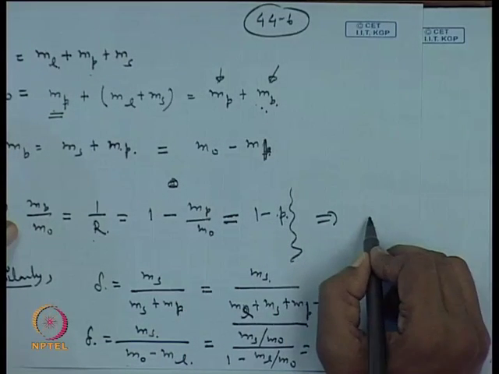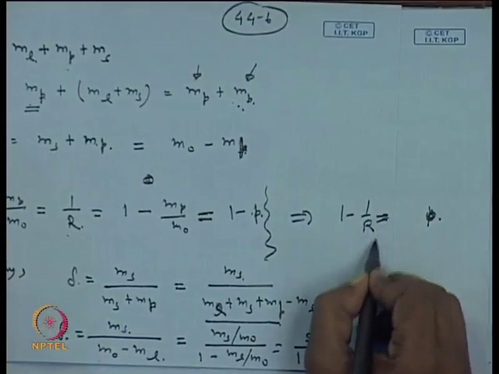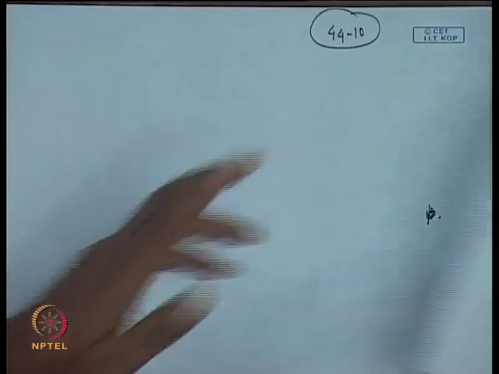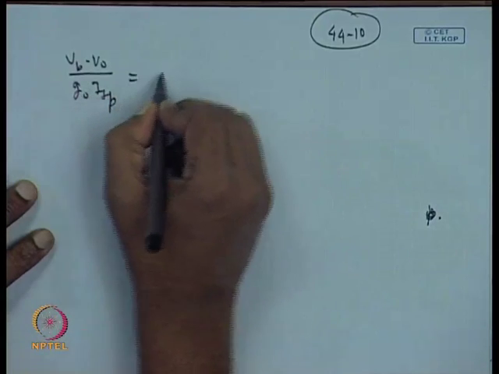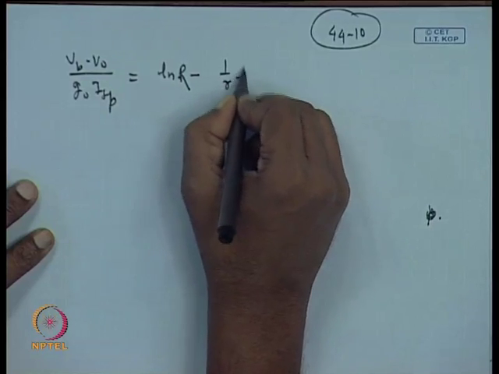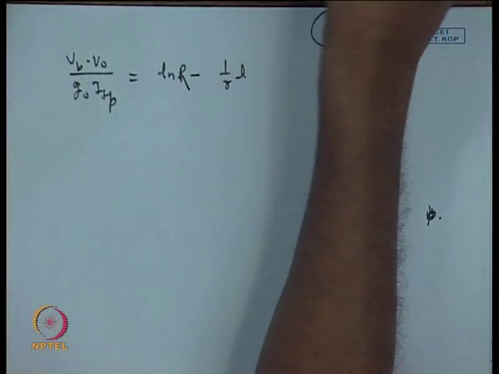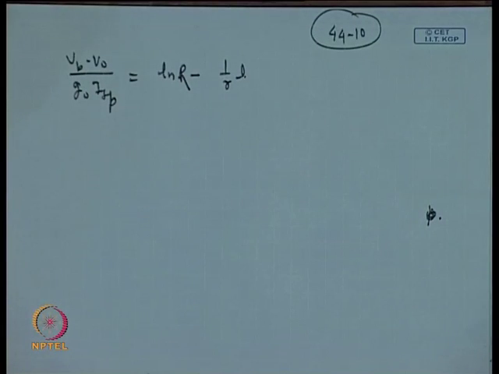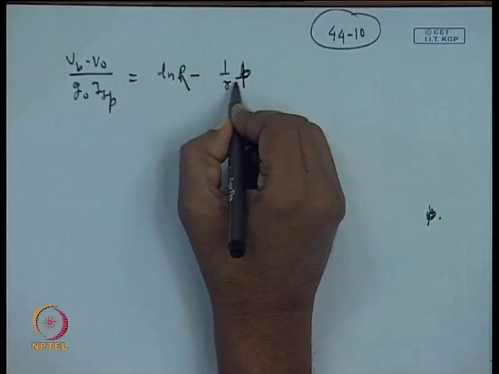So, this implies that 1 minus 1 by r is equal to p. Okay. So, this equation for (Vb minus V0) by G0 Isp can also be written as ln r minus 1 by r times p.